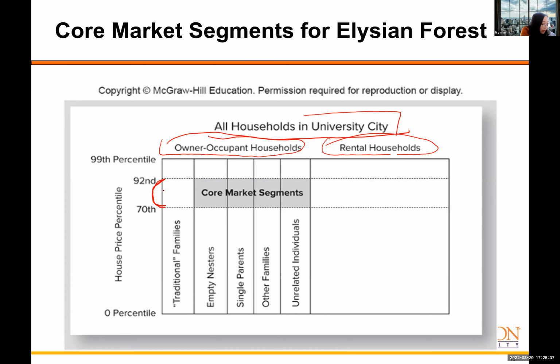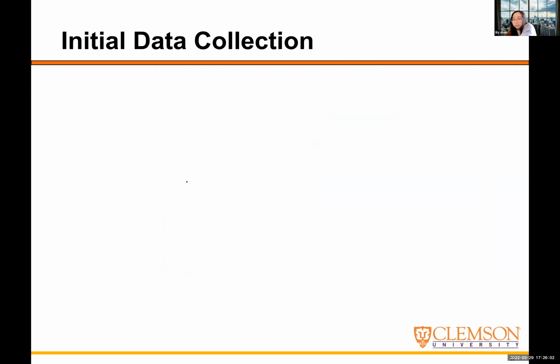So among this group, they have to subtract the traditional families who can afford that price range. So here is the core market segments. This core market segment estimates, if they can sell to everyone, the maximum number of people who will buy their homes.